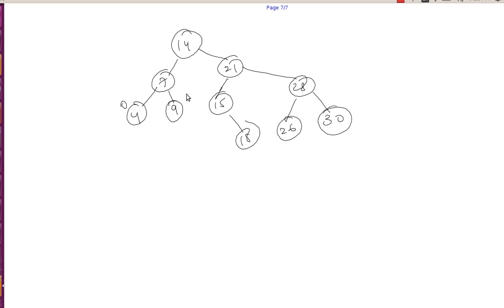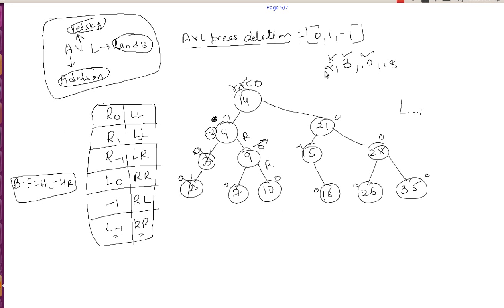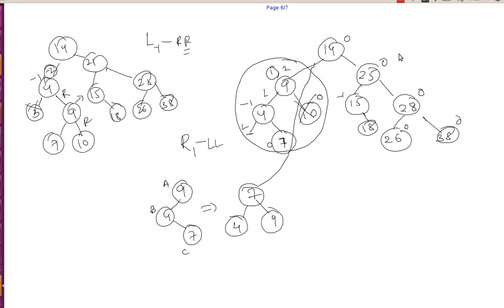So calculate the balancing factors: 0, 0, 0, 0, minus 1, 0, 0, 0, 0, 2 minus 3 is minus 1 for us. Okay, so now let us delete the element 18.